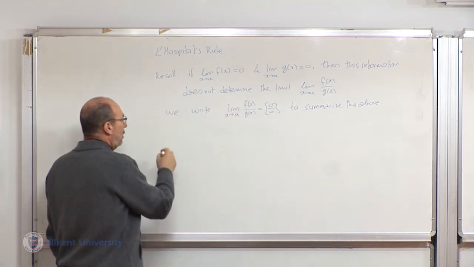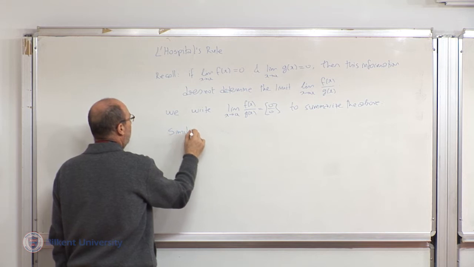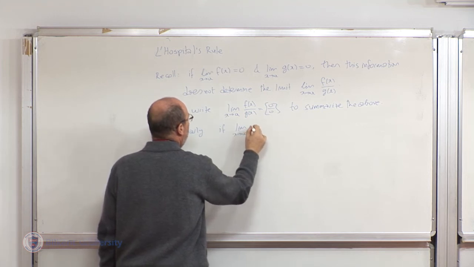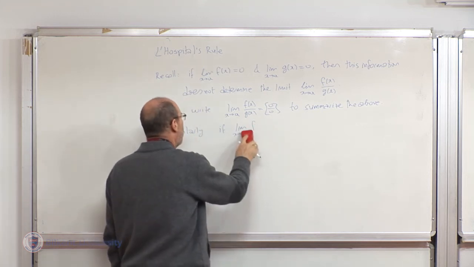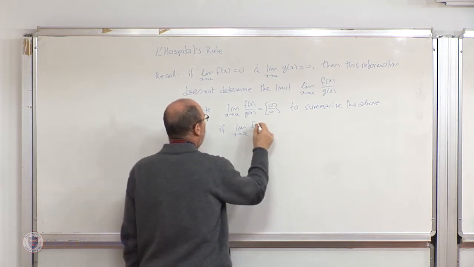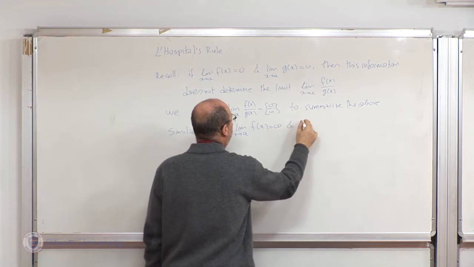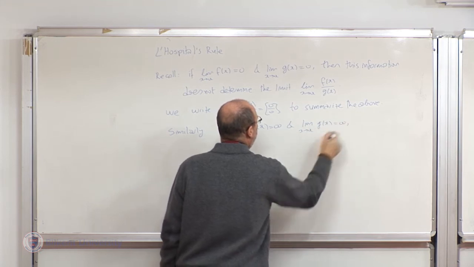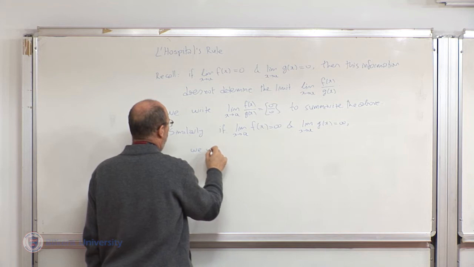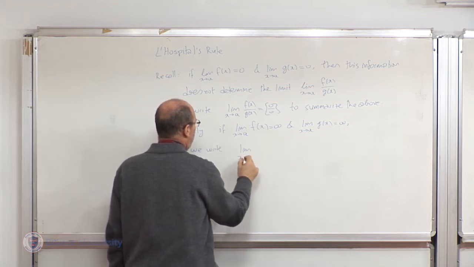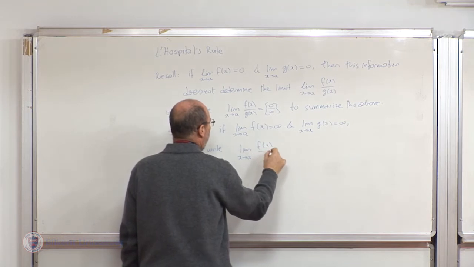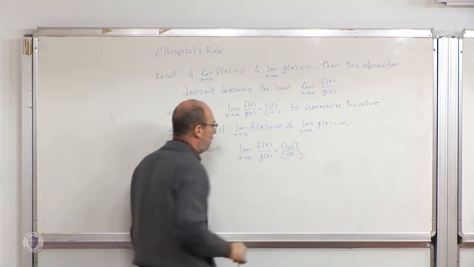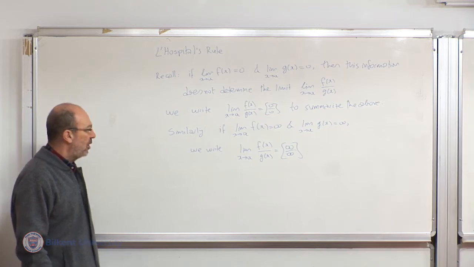Similarly, if the limit as x goes to a of f of x is infinite and the limit of g of x as x goes to a is infinite, we write limit x goes to a of f of x over g of x is infinity over infinity inside parentheses. Okay, so the same story. This is just a symbol.